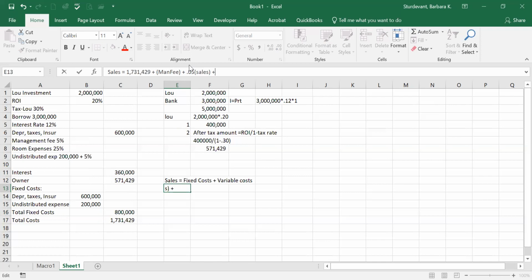Plus room expenses, which were 25% of sales, plus we have the undistributed, which is 5% of sales.